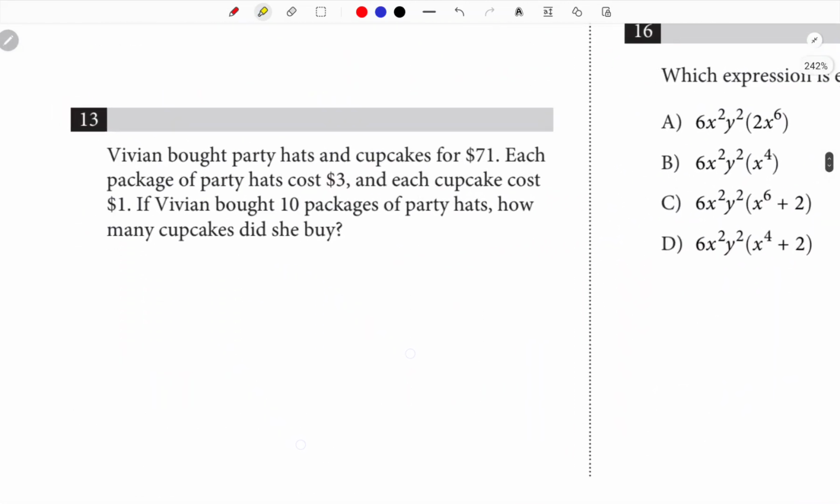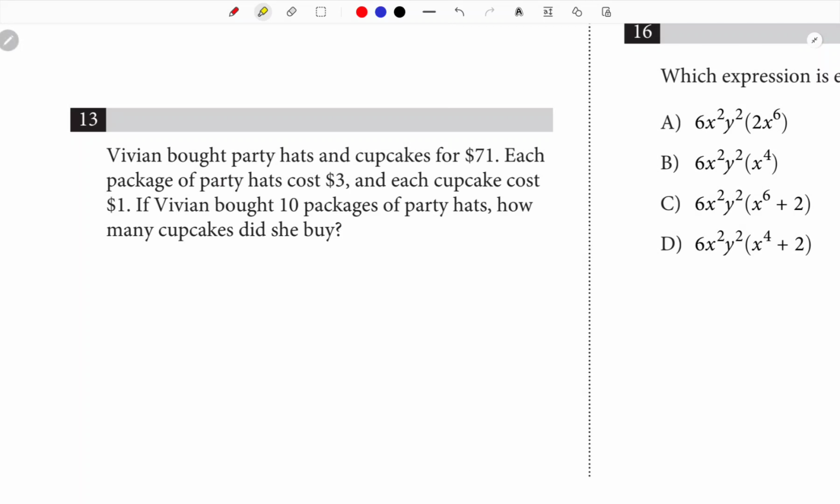So 13. Vivian bought party hats and cupcakes for $71. Each package of party hats costs $3 and each cupcake costs $1. If Vivian bought 10 packages of party hats, how many cupcakes did she buy? Okay.